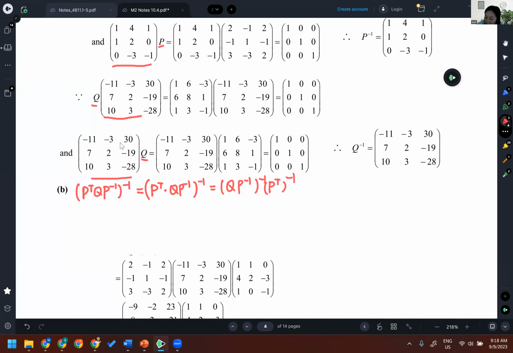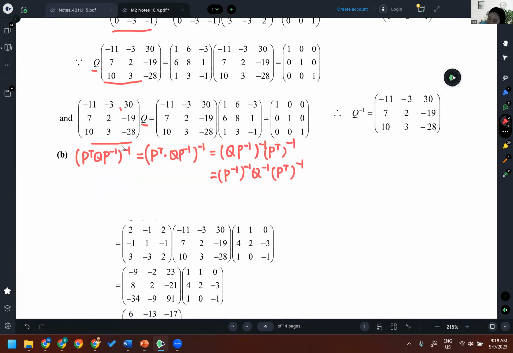And for this part, you can do it again. This part is P inverse Q inverse, and this one is P transpose inverse. Now for this one, P inverse inverse, that's P. Q inverse, you cannot simplify, that's Q inverse. But P transpose inverse can be P inverse transpose.